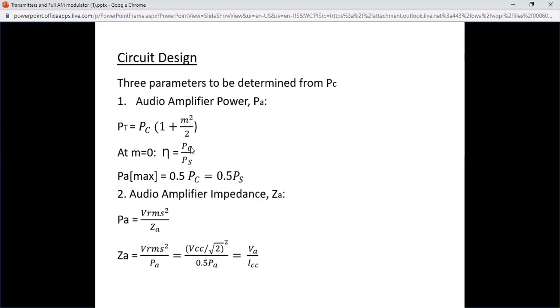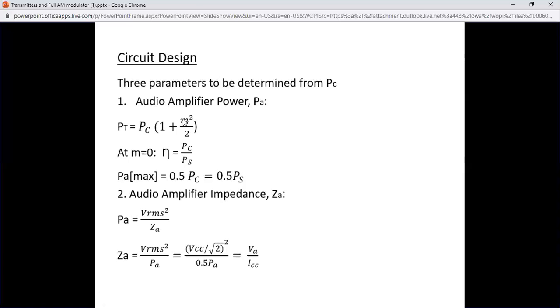And assuming maximum power at m equal to 1, the total power is equal to the carrier power multiplied by 1.5.